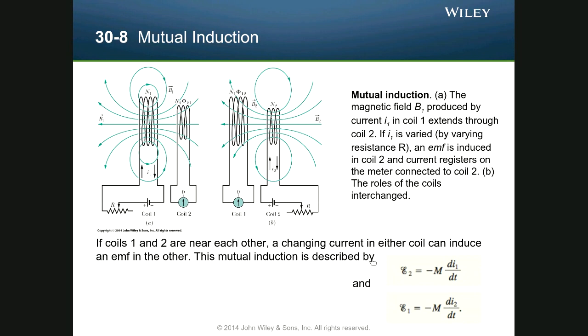They'll have different EMFs, but they'll have the same mutual inductance quantity M here. So this is an inductive quantity, and proving that M12 is equal to M21 is a little beyond the scope of the course, but that's essentially what we see with mutual induction. We're not going to spend a lot of time on that. We are going to move on to our next chapter.